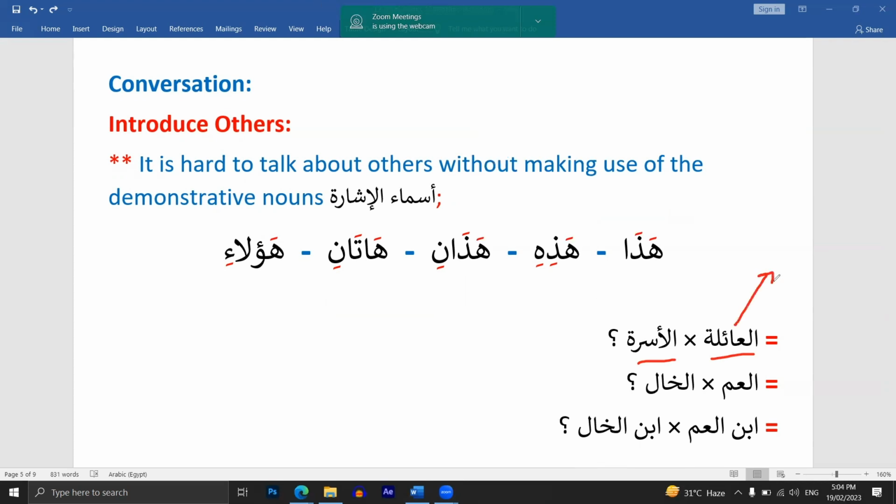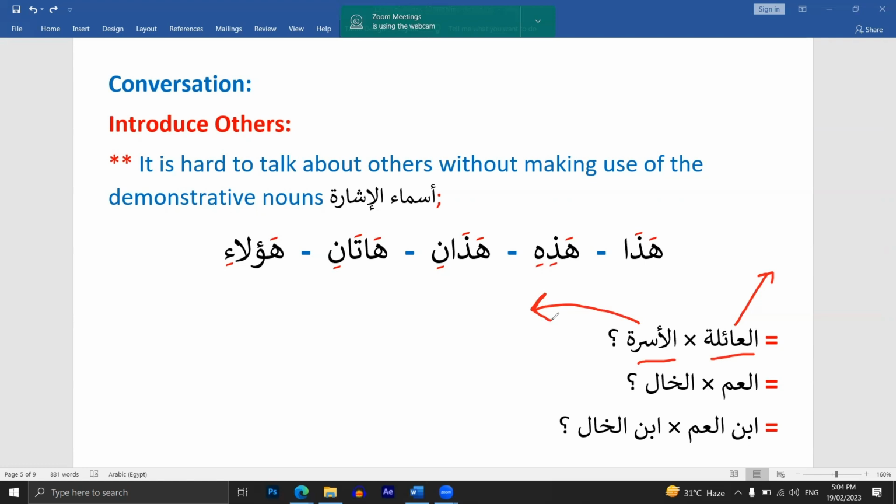Al-a'ilah, I'm talking about the whole family, the extended family that contains grandparents, grandchildren, uncles, cousins, nephews, fathers, mothers, and brothers, and so on. But al-usra is the small unit of al-a'ilah, that has only parents and children. 2 parents, a husband and a wife, and their own children, okay?